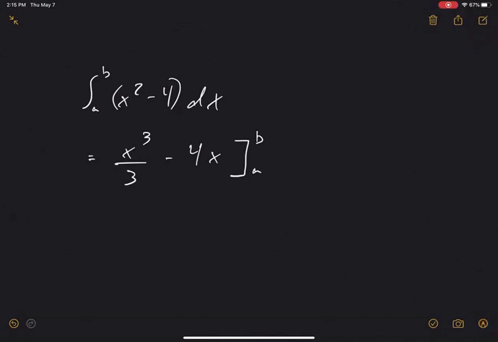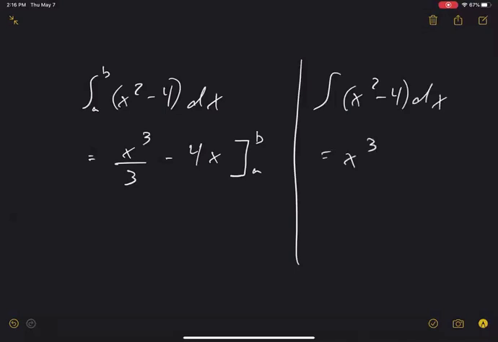So I'll say that we don't need the plus c for definite integrals, but these are two different cases. If I had the indefinite integral, I definitely need the c. So this is the difference between these two things.